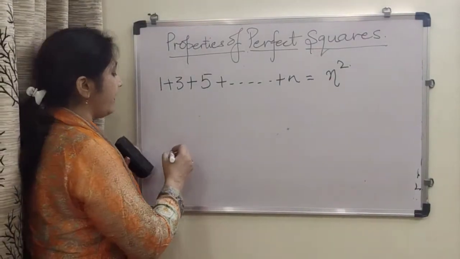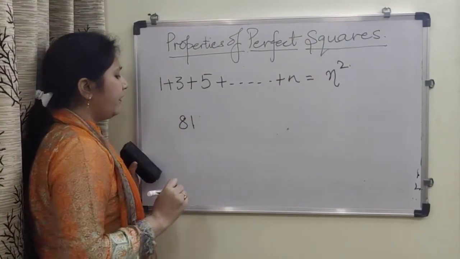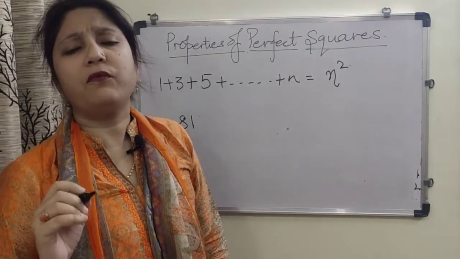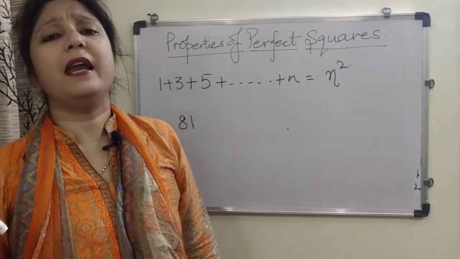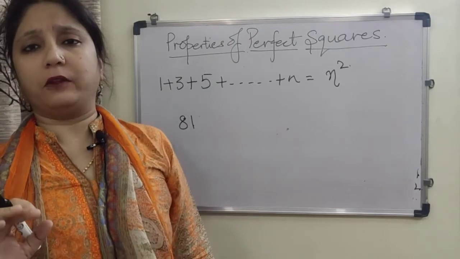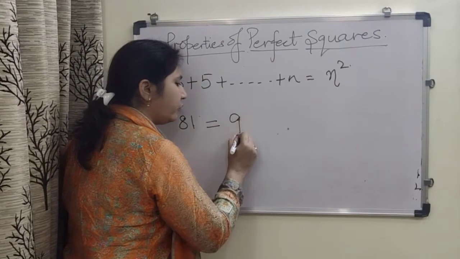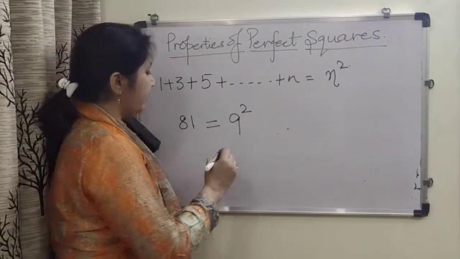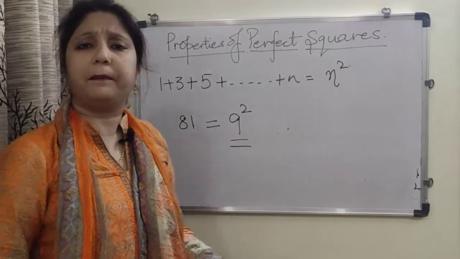Say you are given a question where you are given 81. You have to find without any calculation that 81 is the sum of how many odd natural numbers. Children, it's very simple. 81 is the square of 9. So 81 is the sum of 9 odd natural numbers. No problem.